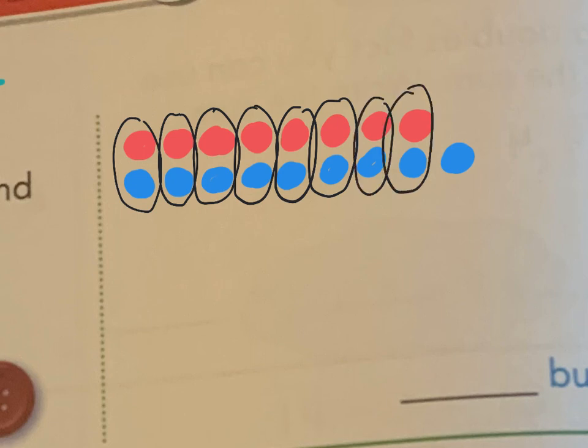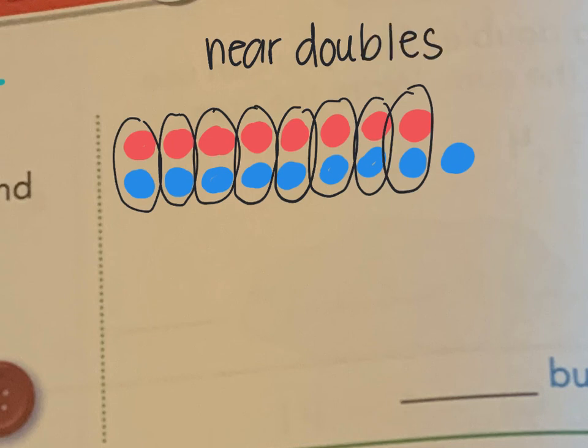And there's 1 left over. So that means this is a near doubles fact. And our addition sentence will be 8 plus 9. And we can use this picture to help us add. We can count all those pairs.